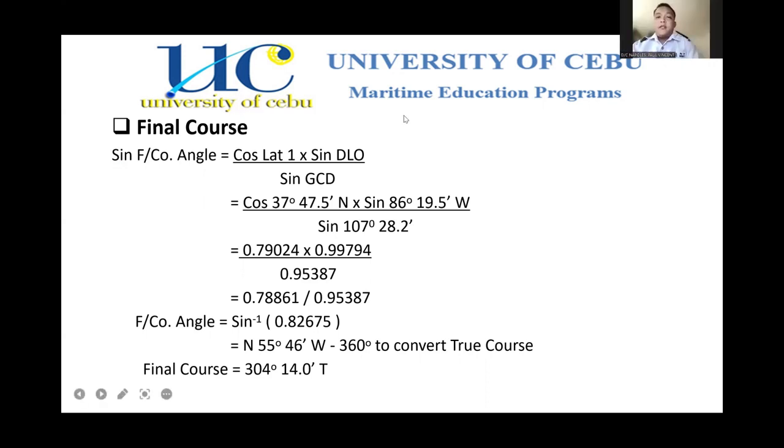For the final course, the formula is sine final course angle is equal to cosine latitude 1 times sine d long divided by the sine GCD or the great circle distance. Let's substitute it. For the cosine latitude 1 is cosine 37 degrees 47.5 minutes north.